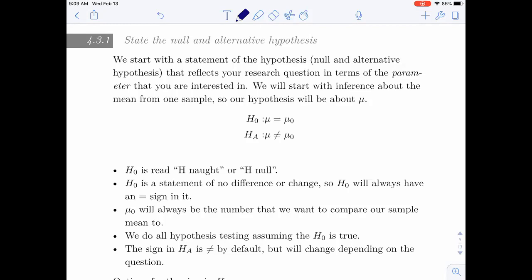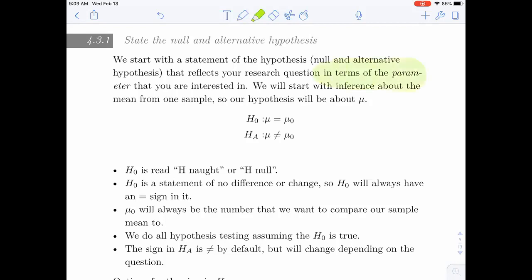So in this first section, we want to talk about our population mean. We've calculated a sample mean, and we want to infer something about the population mean. And so our hypotheses will always be about the parameter. Let me just highlight that.